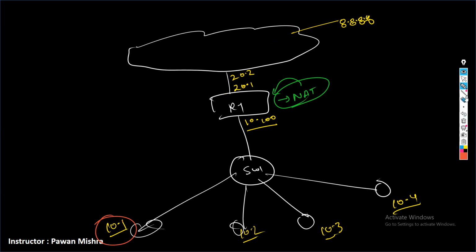Okay. So in this flow, what is the problem? Guys, this is a very, very important thing. Before starting this important point, I'm telling you 2 or 3 important points.